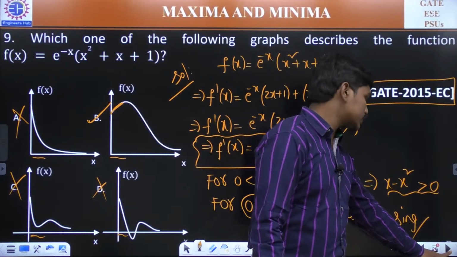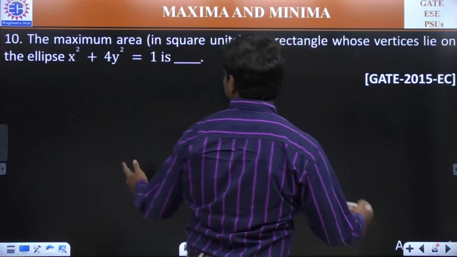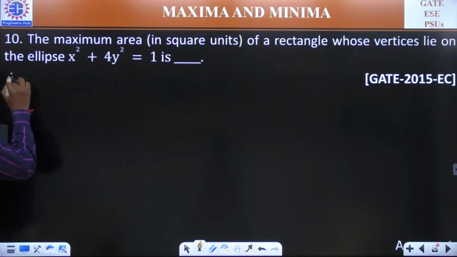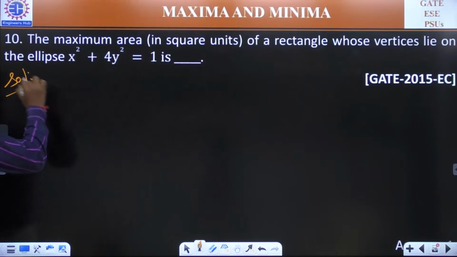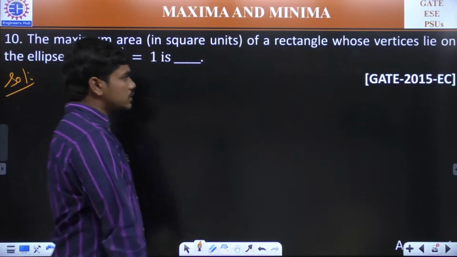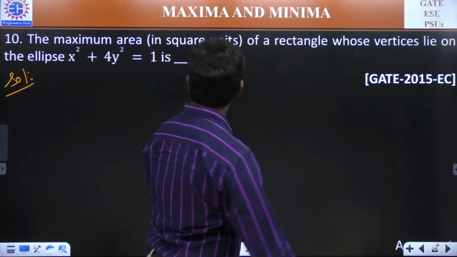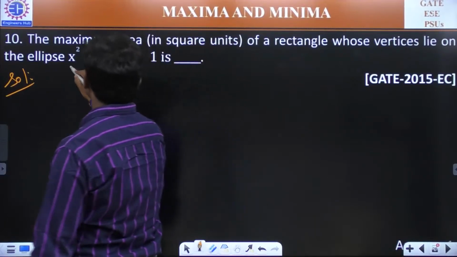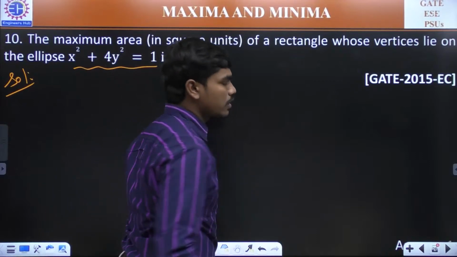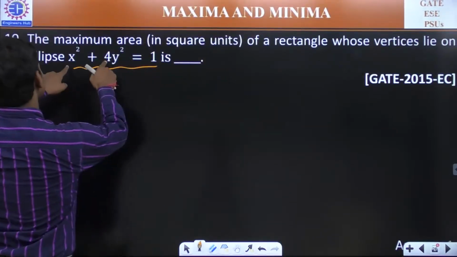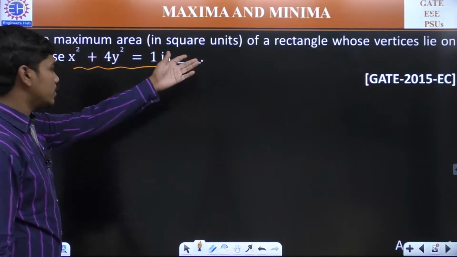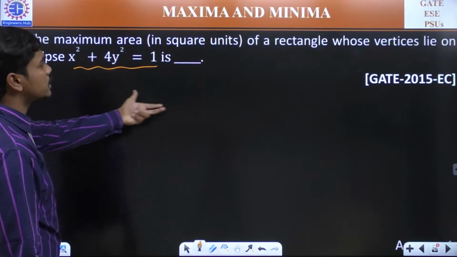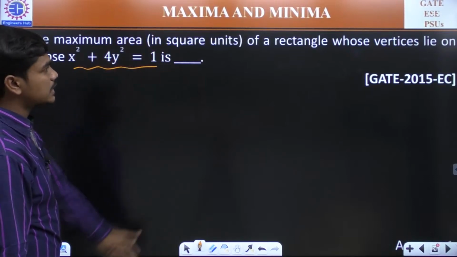Okay, so we'll go for the next question. Yeah, this is the question. So please try to solve this. The maximum area in square units, of course, area is always in square units, of a rectangle whose vertices lie on the ellipse x square plus 4y square is equal to 1. You know, in an ellipse, these two won't be the same, so it's different. So you can clearly identify this is an ellipse equation, and there is a rectangle inside this ellipse.